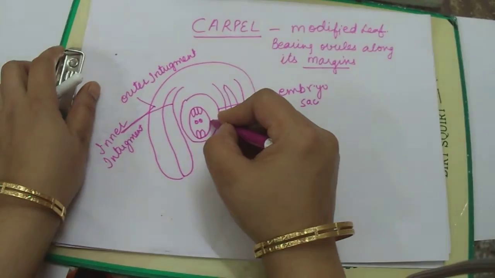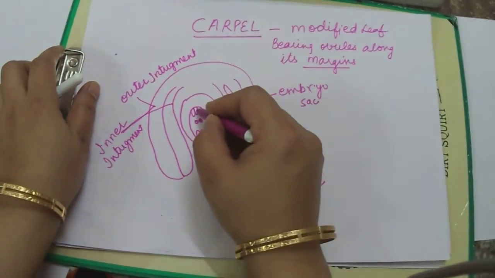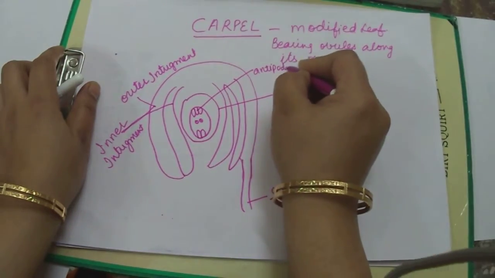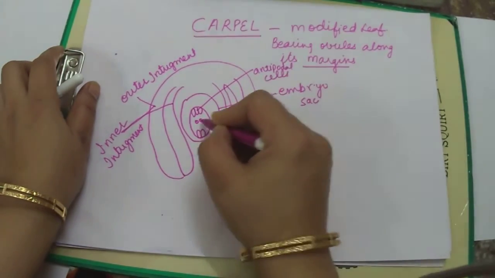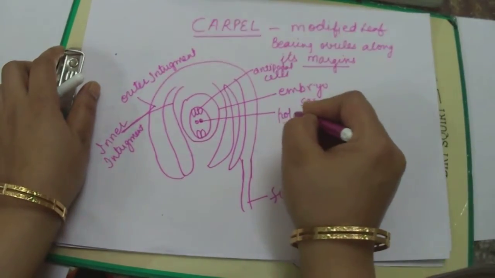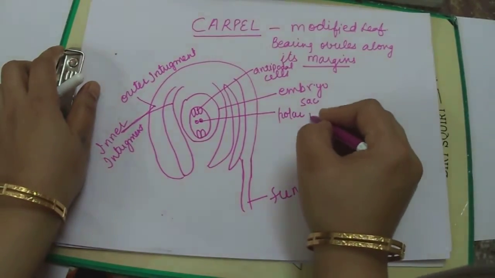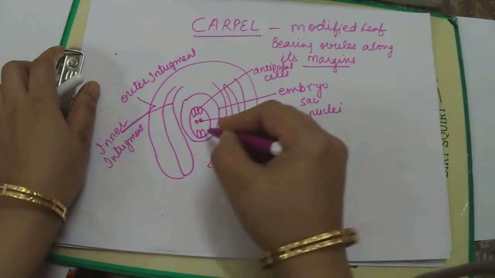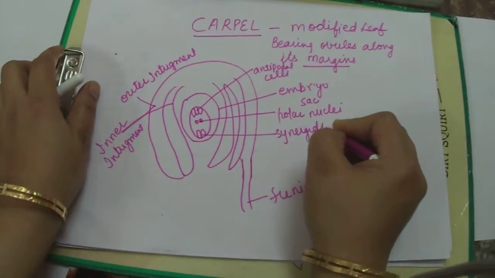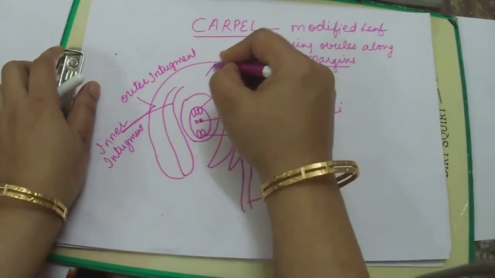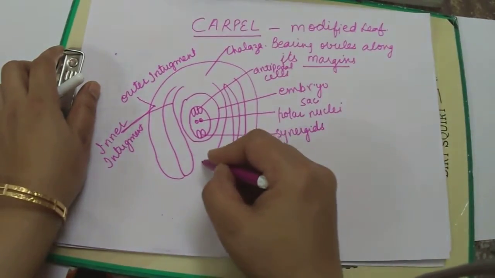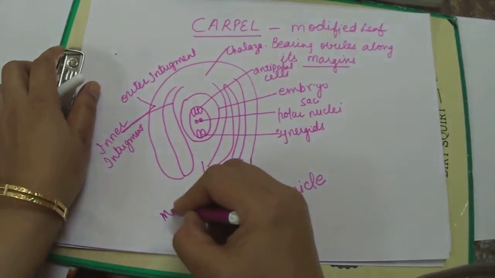Within the embryo sac, these are the antipodal cells. This is the polar nuclei. These are the two synergids. And this end is known as the chalaza, and this is known as the micropyle.